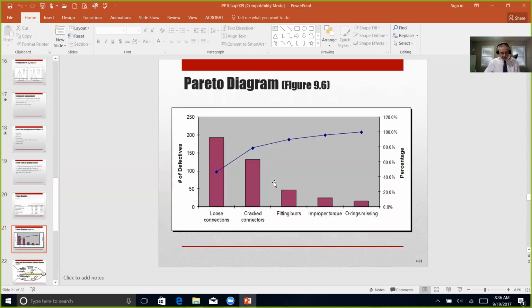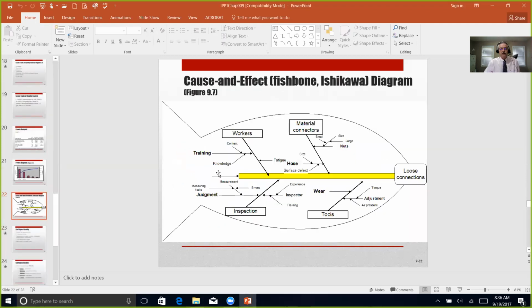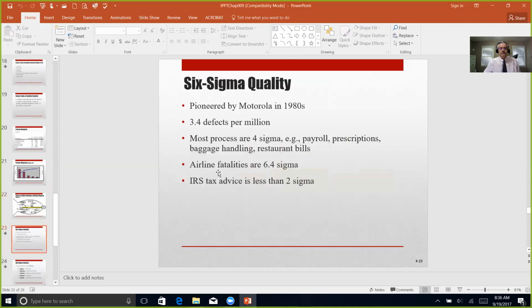And they created a Pareto diagram so that they could actually see what was the greatest cause. In this example, it was a result of loose connections. This figure also takes it into cause and effect, the fishbone diagram, the cause and effect for the loose connections of this particular example.